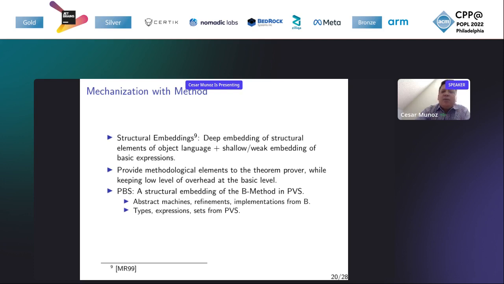And then I want to go very, very far back in my career to a paper that I wrote with John Rushby when I was a postdoc at SRI, called Structural Embeddings.